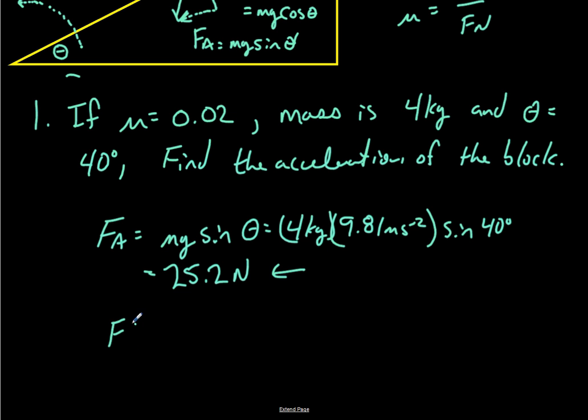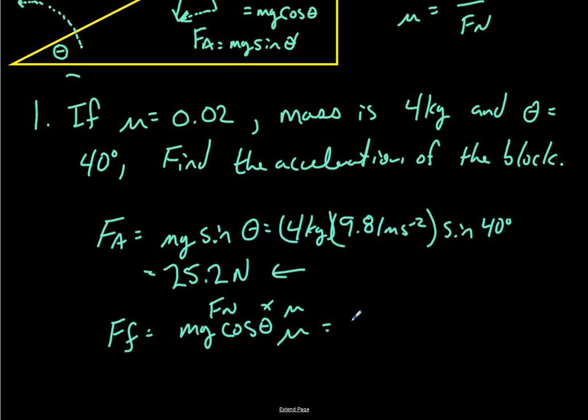Okay, so the force of friction we'll now figure out. Force of friction is mu times Fn, and Fn is mg cos theta.